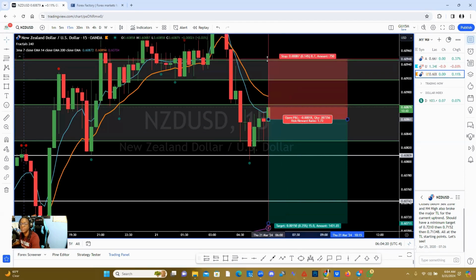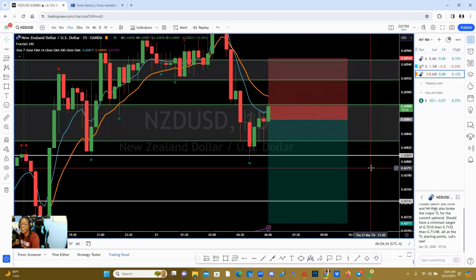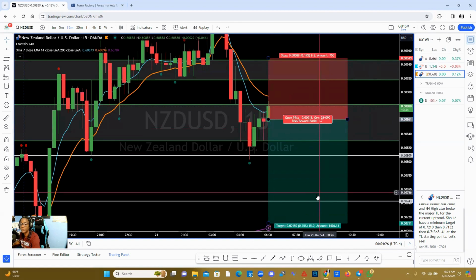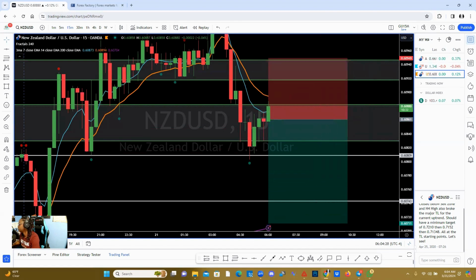I would say 8 pips on that. I would take the short. I actually would take a short here on the New Zealand dollar. But let me hang tight for a minute.